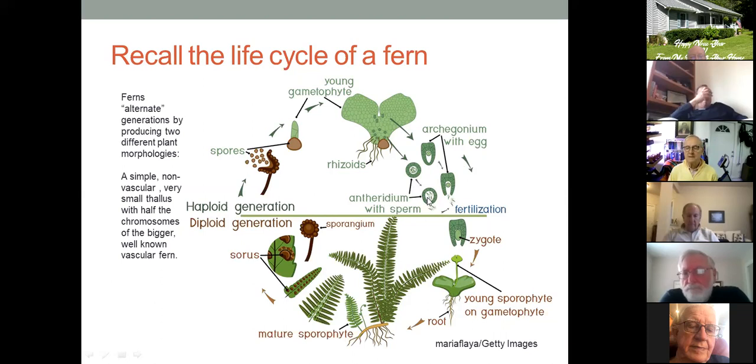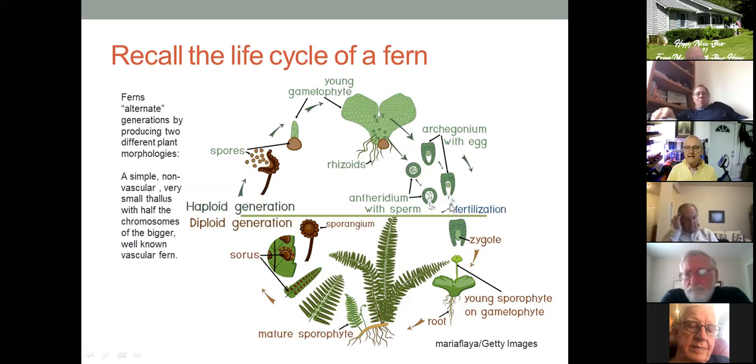the antheridia, which is where the sperm cells are created, will pop open, and the little sperm cells will swim around looking for this feature called an archegonium. Inside the archegonium is where you have the creation of the egg cell for the new fern plant. Again, these features are all haploid.